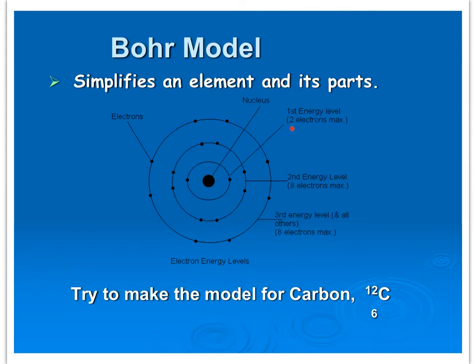You'll talk more about that if you take chemistry in the future. And then after that, the energy levels can have 8 electrons. So you can see here we have the first ring with just 2, and then it's full. And then we have 8 electrons, and it's full. And then 8 electrons, and it's full. We keep adding ring after ring.